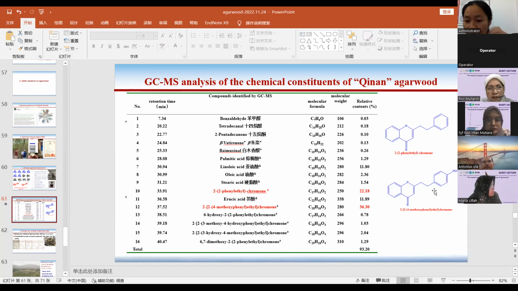So it means that during the process of agarwood formation, the chromone structures are produced and also changed over time.